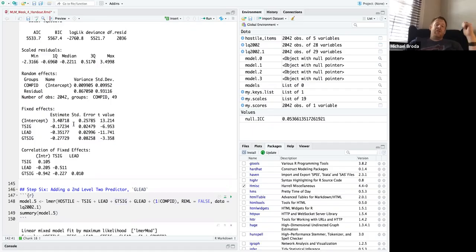So we know that the individual task significance is important, and that's over here, minus 0.17. So every 1 unit increase in task significance predicts a minus 0.17 decrease in hostility. We know leadership is important, and it's about 0.3 reduction. And now we know that the task significance of the group is also important. A 1 unit increase in the significance at the group level predicts a decrease of 0.27 in hostility at the individual level.